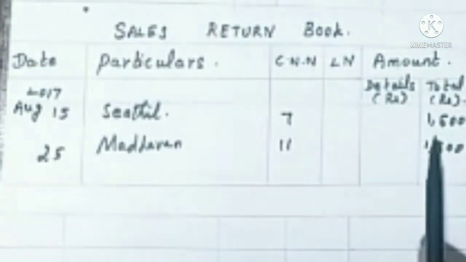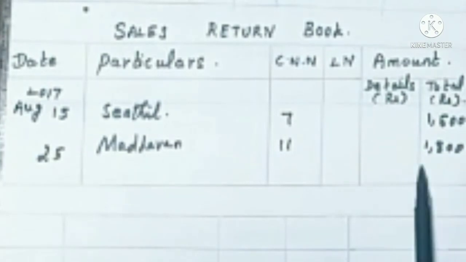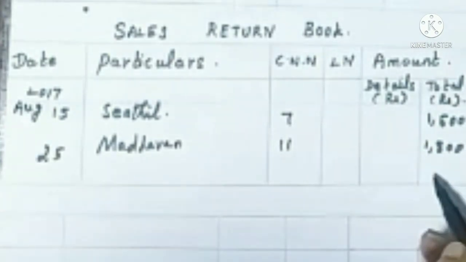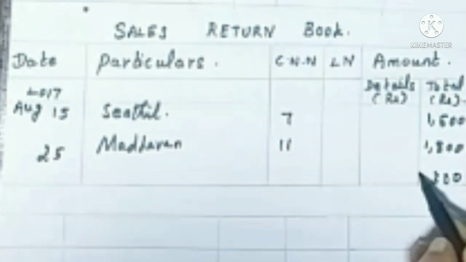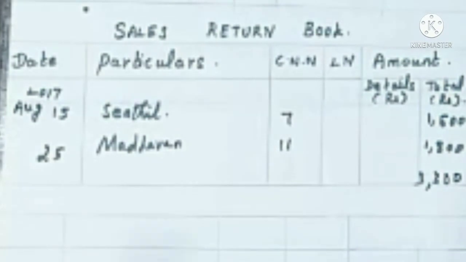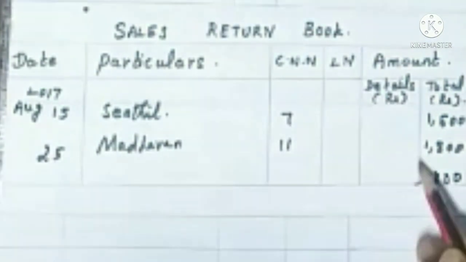So what is the total? 1500 plus 1800. 3300 is the total.